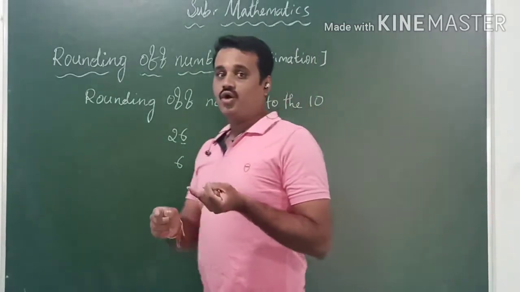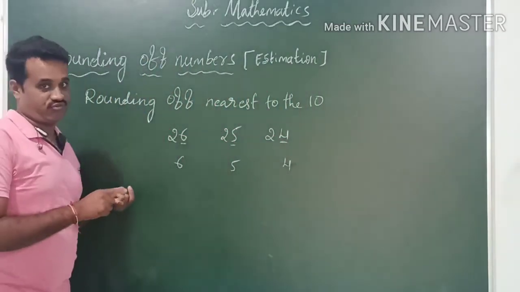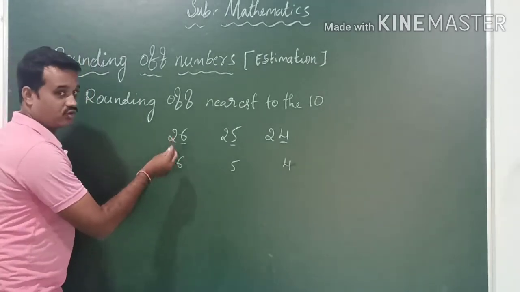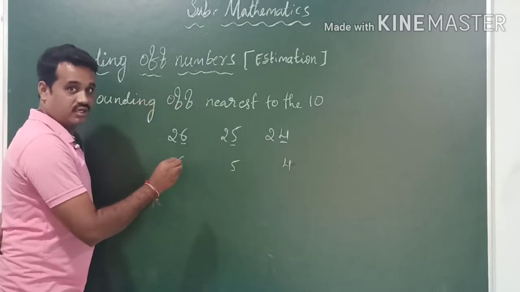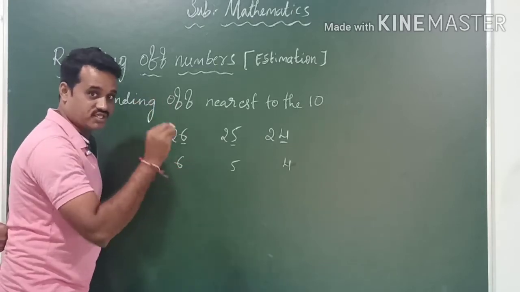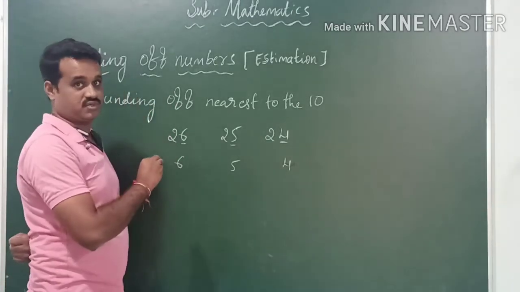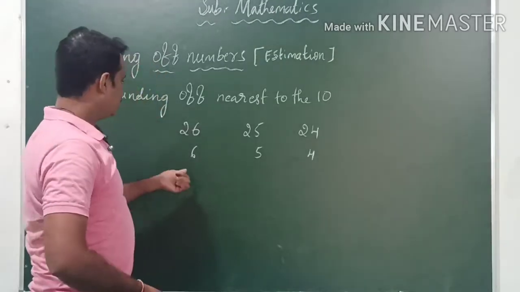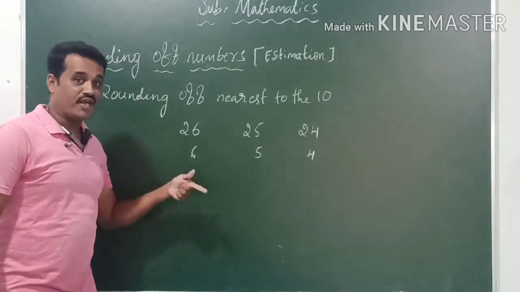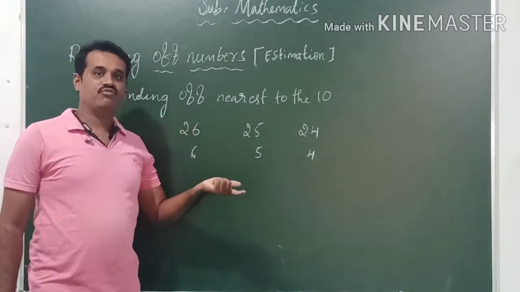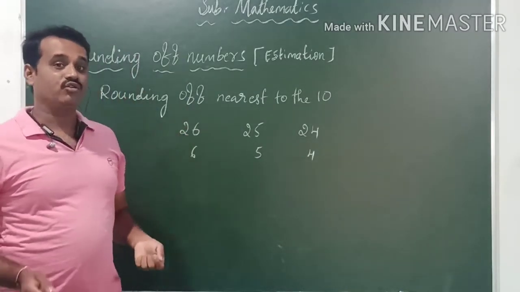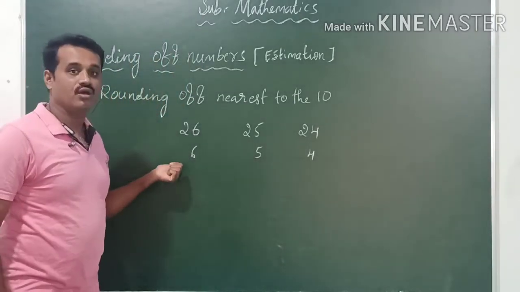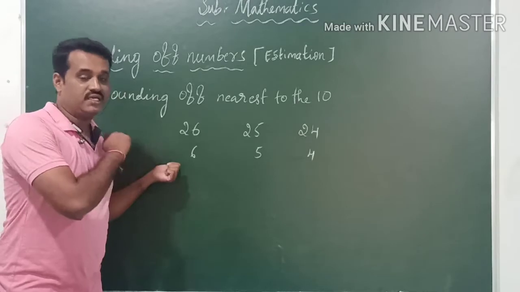If it is 5 or more than 5, then you have to write the 0 in the ones place and add 1 to the tens. If it is 5 or more than 5, then you have to replace the ones place with 0 and add 1 to the tens place.